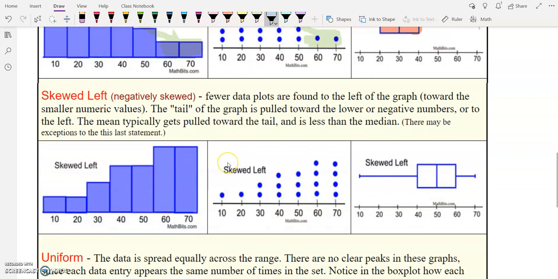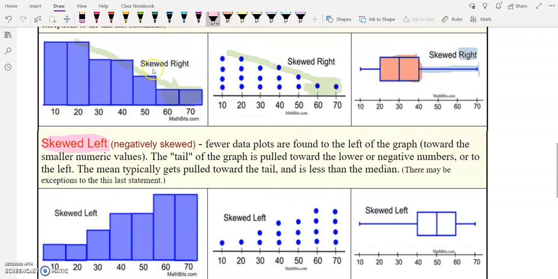Now let's look at skewed left. So these down here are skewed to the left. Skewed left is the opposite of skewed right. There are going to be fewer data points on the left side of the graph. So notice the left side of this graph is really low, but then it kind of rises up like this. This is skewed to the left.